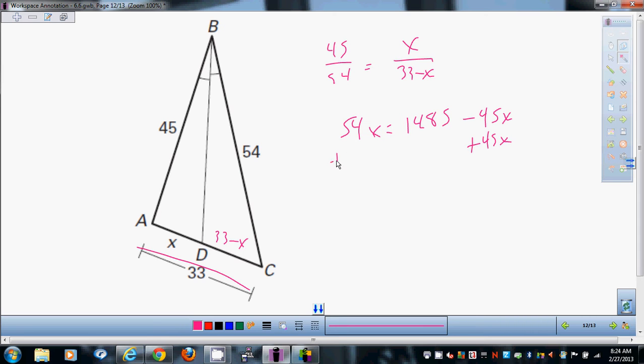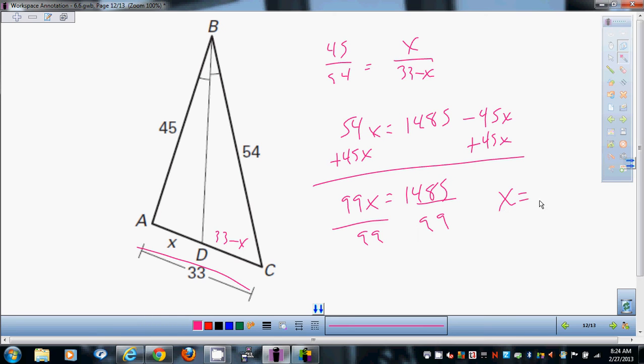Divide by 99. Who can tell me? 'Tis 15. 'Tis indeed. 15? Okay. This is what we're doing. There's no other little curveballs. This is it. Are there questions?